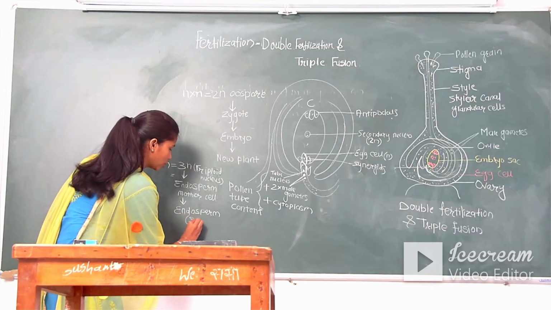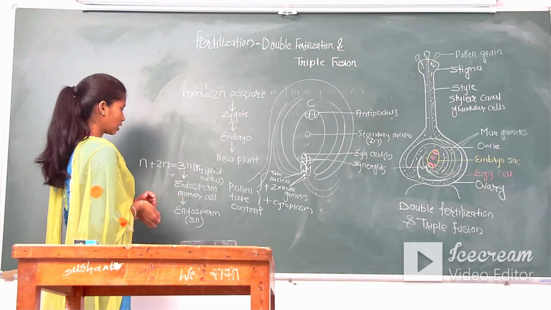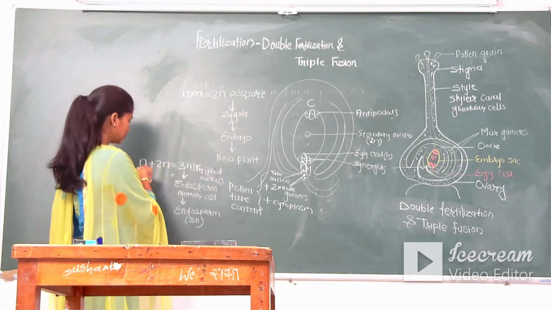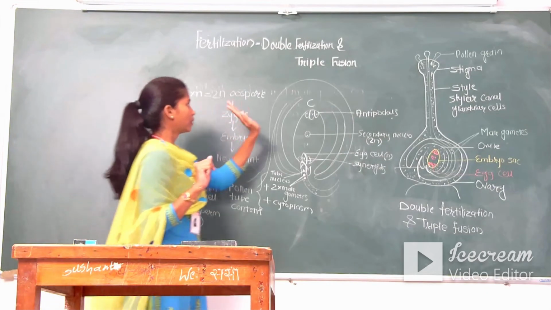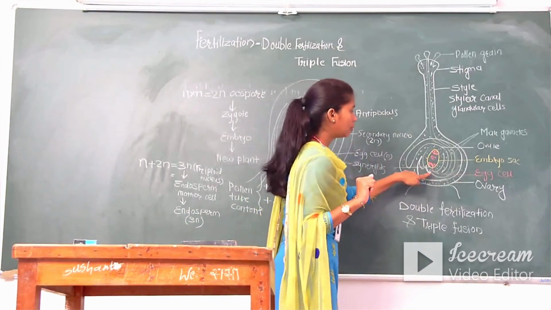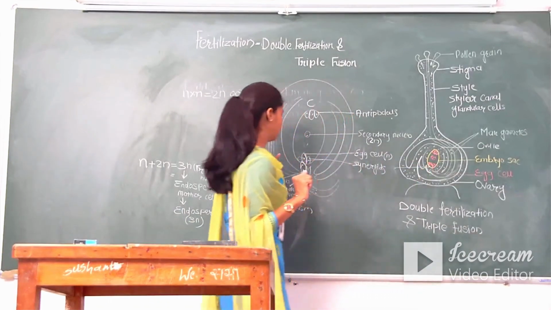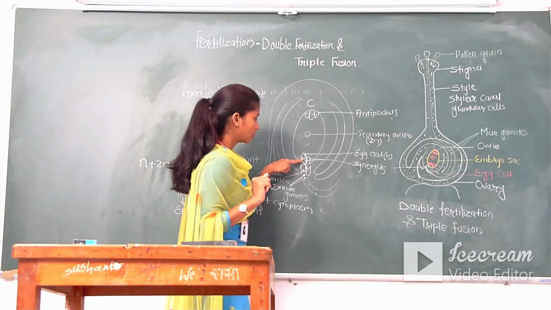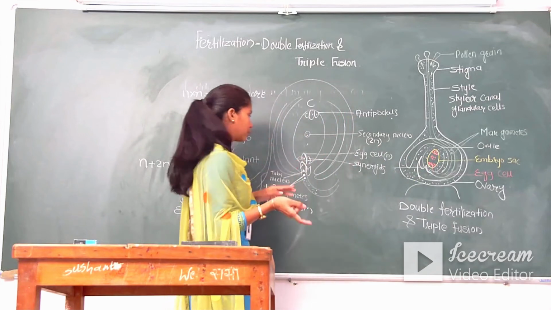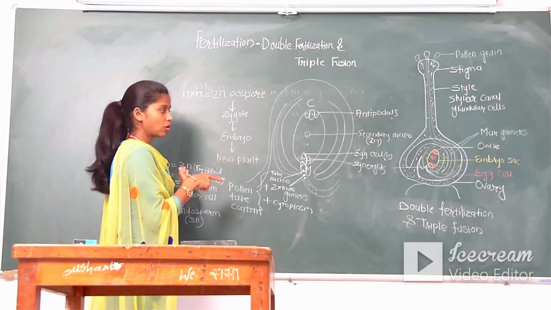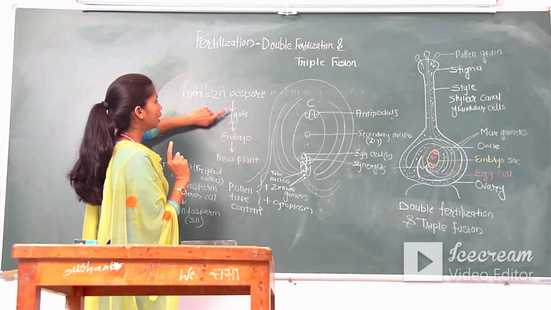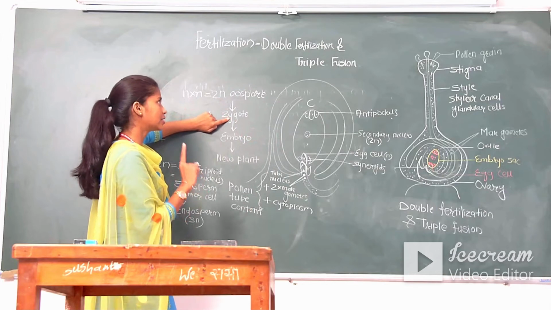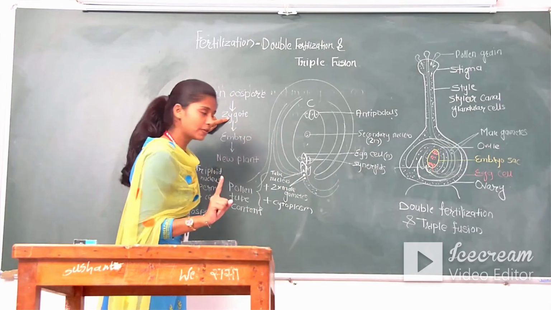This triploid endosperm, you know how this will form? See, I repeat the process. If one male gamete fuses with the female gamete, that is the first reaction or first fertilization, and it forms a diploid zygote. This is the first product of double fertilization.